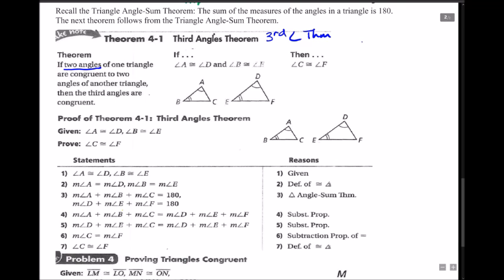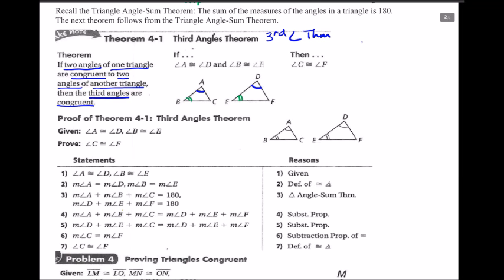It says if two angles in one triangle are congruent to two angles in another triangle, so let's go see what our requirement is. We have two triangles here, and we are told that angle A is congruent to angle D, and angle B is congruent to angle E. So we have two triangles, and two angles in those triangles are already congruent. Then what's the result? The third angles are congruent.